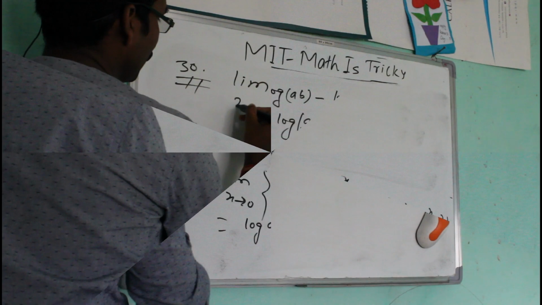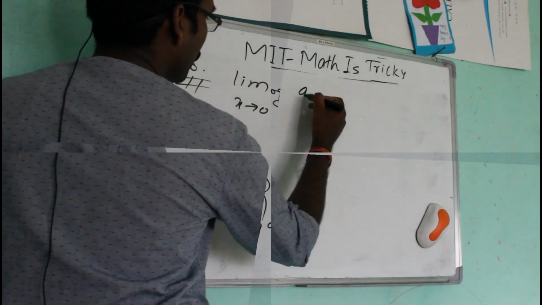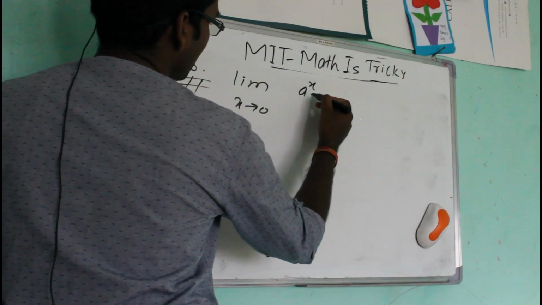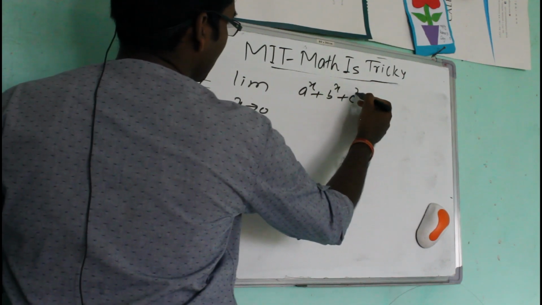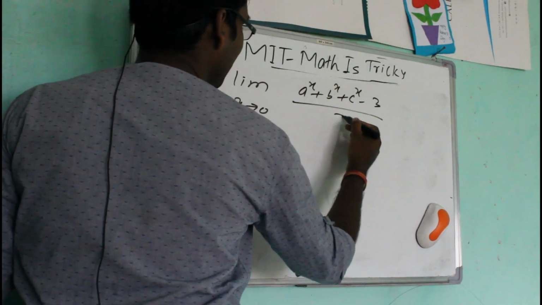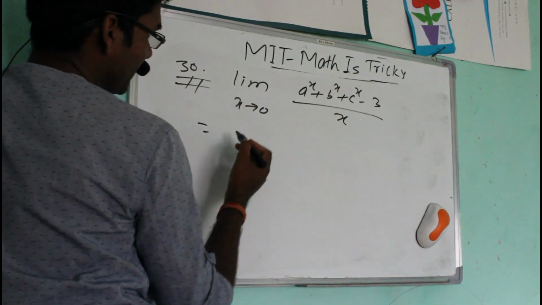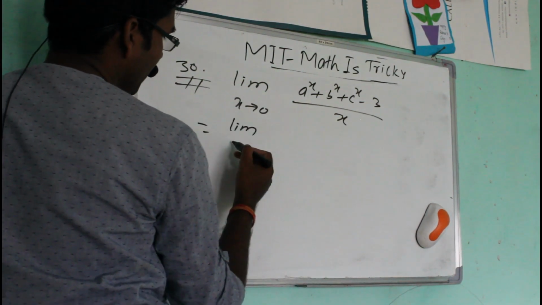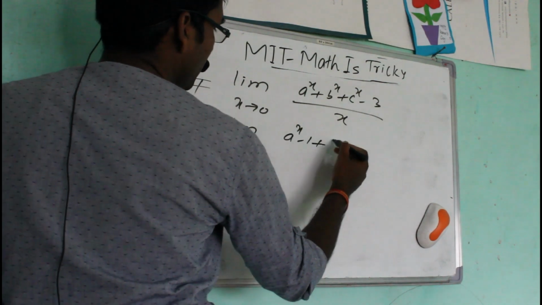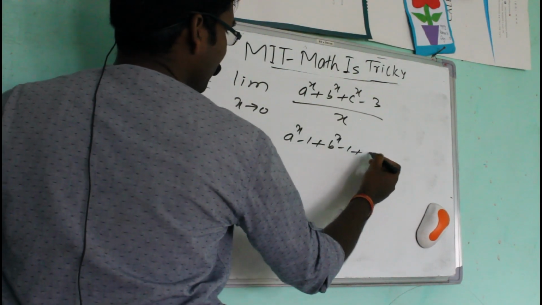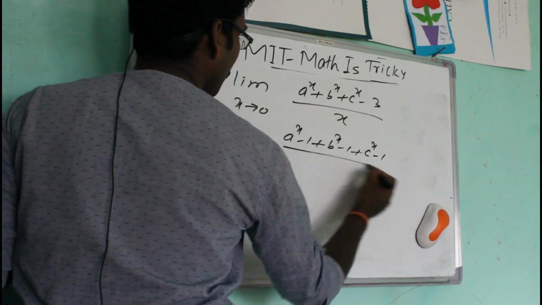Limit x tends to 0, (a^x + b^x + c^x - 3)/x. So this can be easily solved here. Limit x tends to 0, and then here a^x - 1 plus b^x - 1 plus c^x - 1 by x.